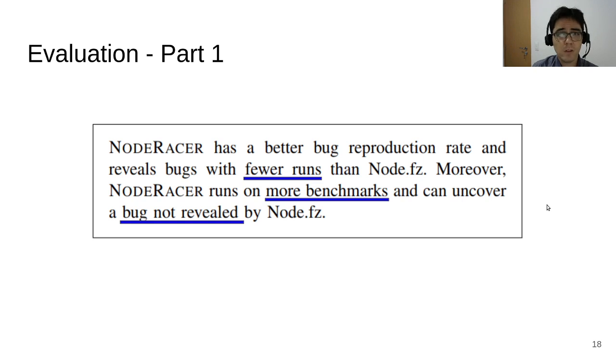In the evaluation of NodeRacer, we investigated 4 research questions. In research question 1, we compare NodeRacer with the state-of-the-art fuzzer NodeFuzz, and using benchmarks of confirmed race bugs, we observe that NodeRacer has a better bug reproduction rate and reveals bugs with fewer runs than NodeFuzz.